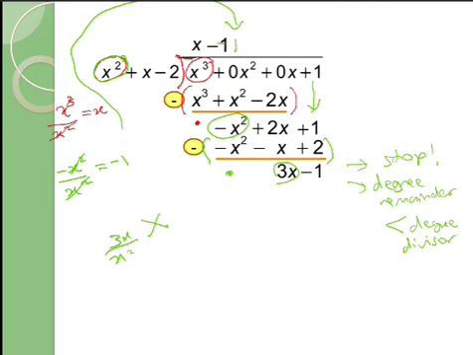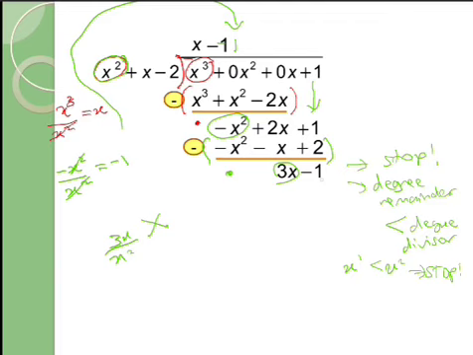What is the degree of our remainder now? The degree is the highest power of x of the remainder. So the highest power of x of this remainder is x power 1. So since x power 1 is less than the degree of the divisor, which is x squared, this is where we have to stop our long division. So what happens with 3x minus 1?